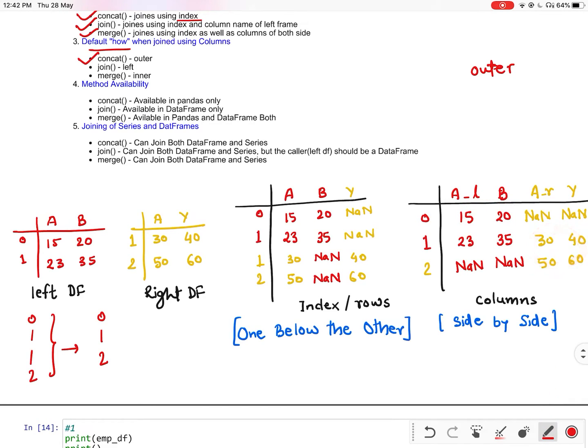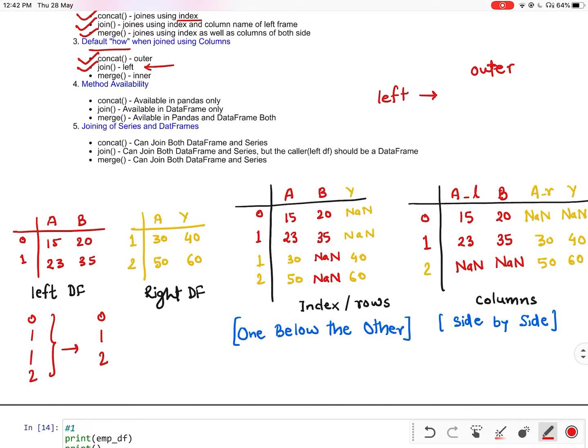When we join using the join method, then all the data from the left side will come and only matching data from the right side will come. So in case of join, its default type is left.